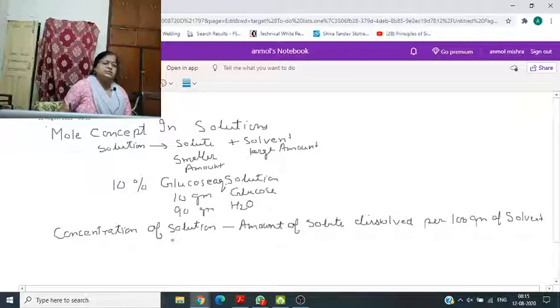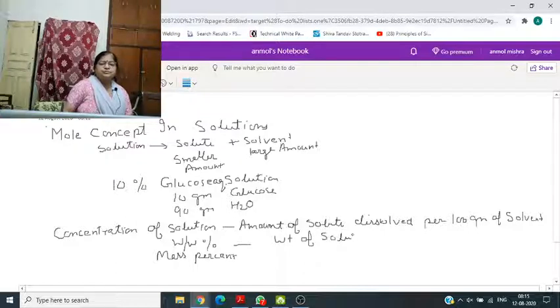One is weight by weight percent, this is called mass percent. Mass percent means weight of solute by weight of solution.